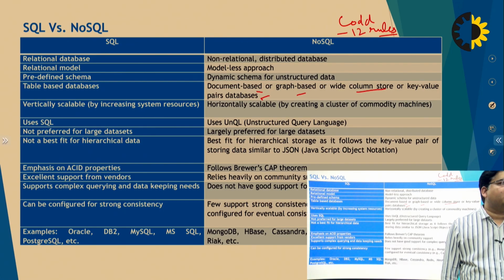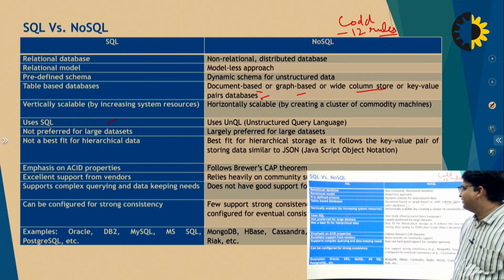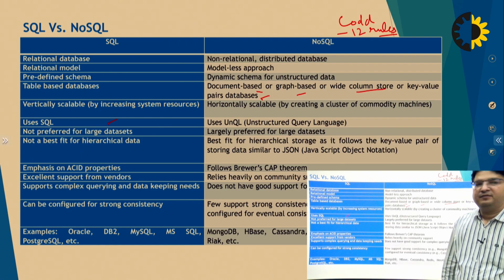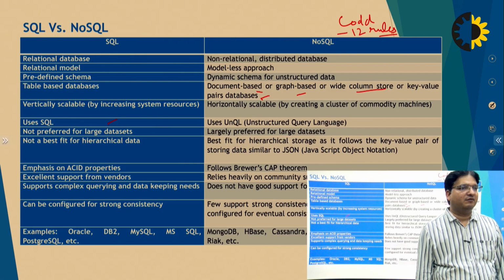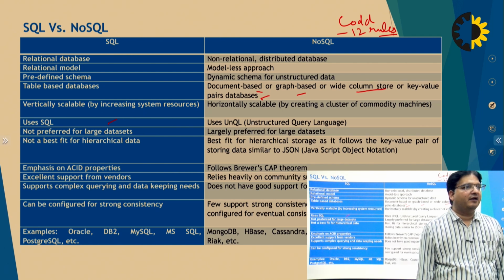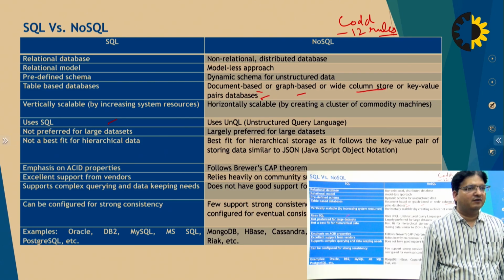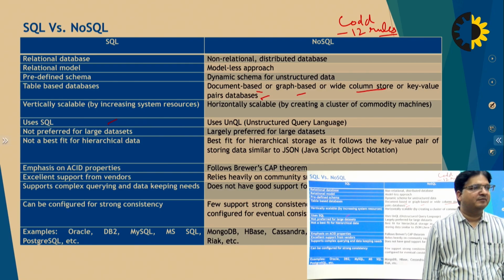And SQL uses structured query language, since it is SQL, naturally. And here in NoSQL we are using unstructured query language, that is, no defined query language. SQL is preferred for smaller data sets, whereas NoSQL is basically preferred for larger data sets.